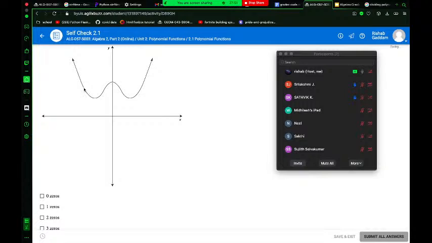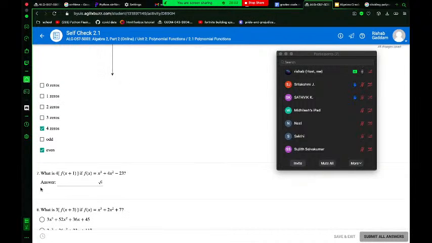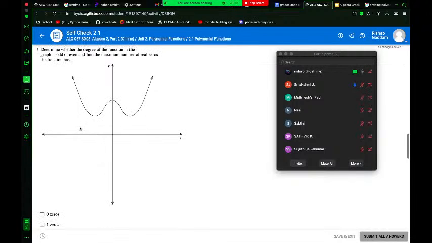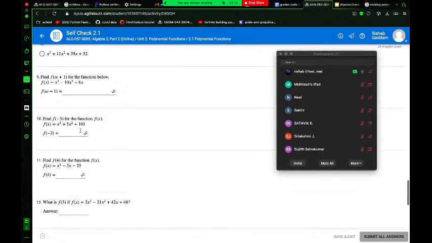As you can see, there's like 4 turns in this. See, it goes like this once, twice, thrice, and 4 times. So yeah, that's 4 zeros, obviously. Good job, Sri Lakshmi. And 4 is an even number, so obviously it's an even function. So yeah, and let's go on to the next number.